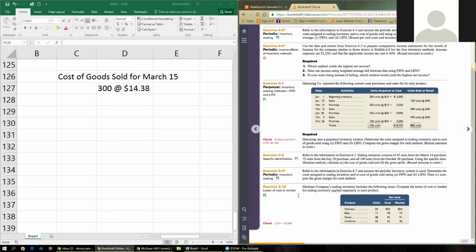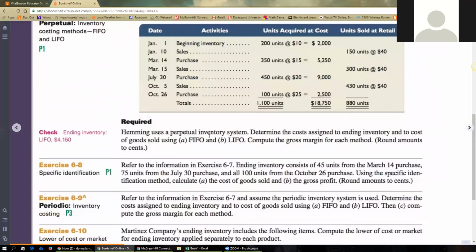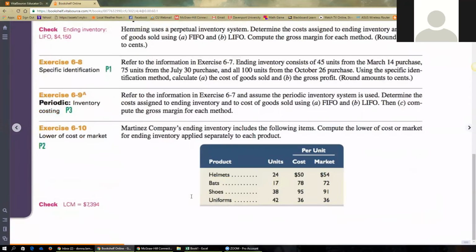Lower of cost or market is another thing you're going to encounter. And I'm going to go full screen on the textbook so we can see this a little easier. Exercise 10 at the bottom of the same page is a good example of this kind of problem. This happens when the company has some of its products on the store shelves that aren't worth what they used to be.